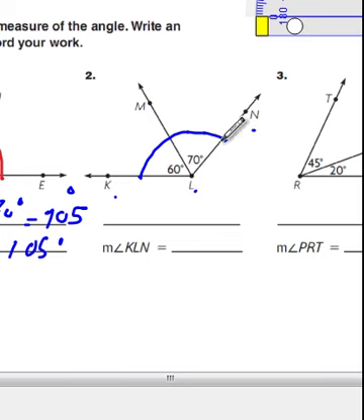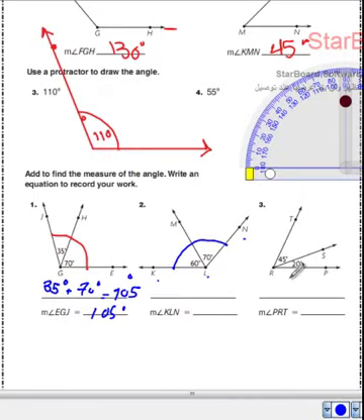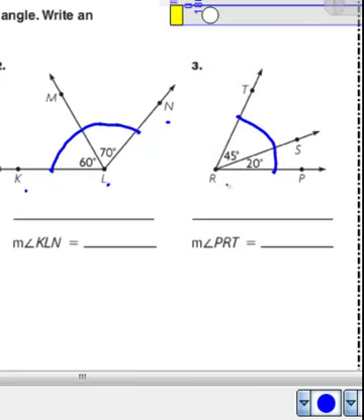And the third one, also the same way: 45 degrees plus 20 degrees to get the measure of angle PRT. Alright, let's go to the next page.